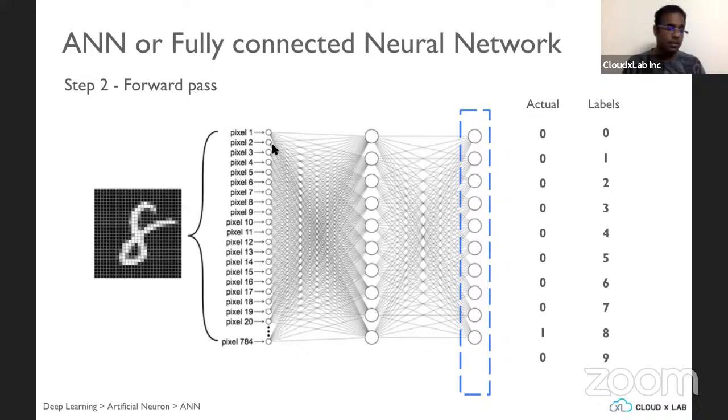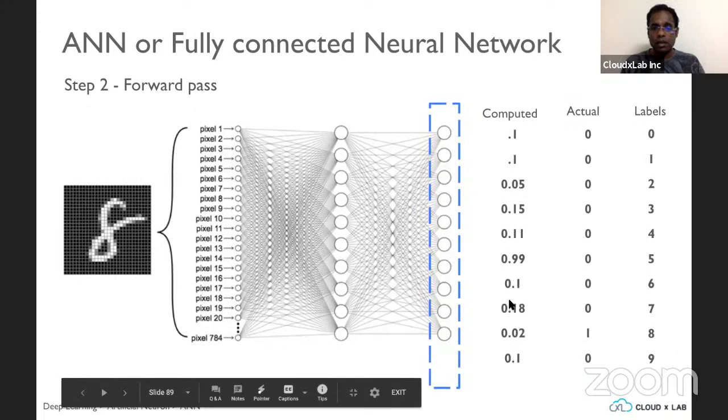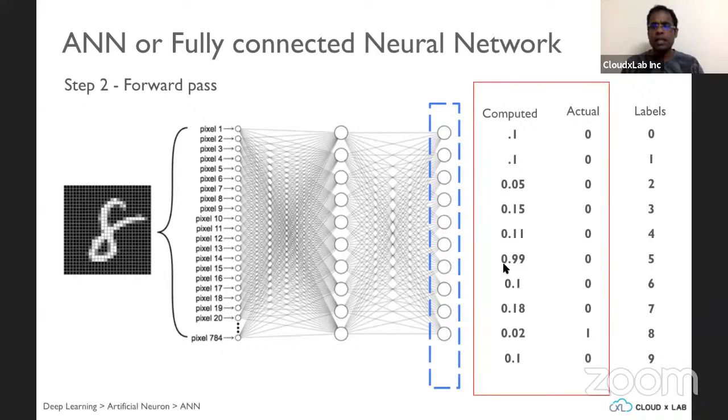As you push it forward, you finally get a bunch of outputs. In this particular case, your first set would typically be wrong. It would have actually predicted that the 5 is the correct one. Then what is computed is checked against the actuals, and you calculate the error.